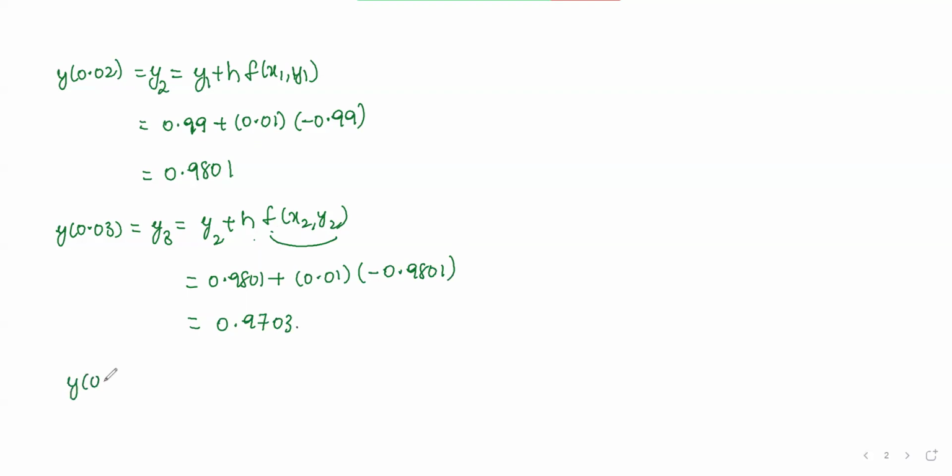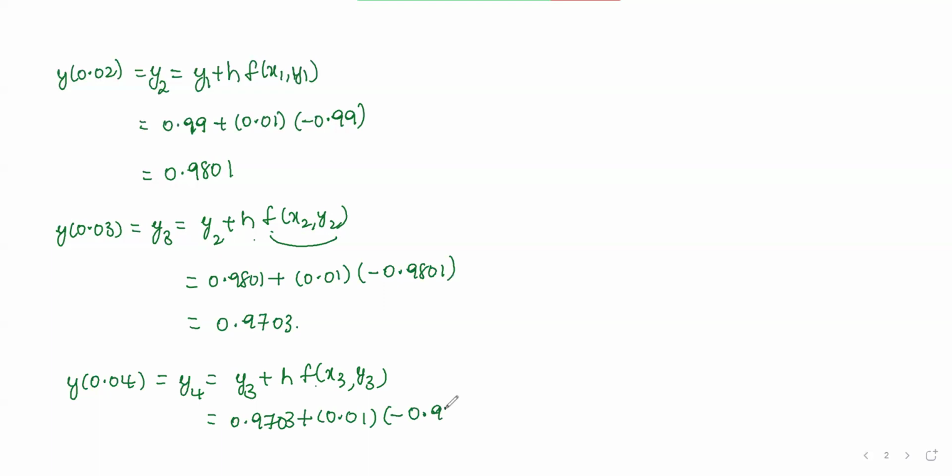Finally the fourth approximation, y of 0.04, is y3 plus h into f of x3 comma y3. Y3 means 0.9703 plus h, 0.01, into f of x comma y, which is minus y3, minus 0.9703. Finally, we get 0.9606. So this is the problem.